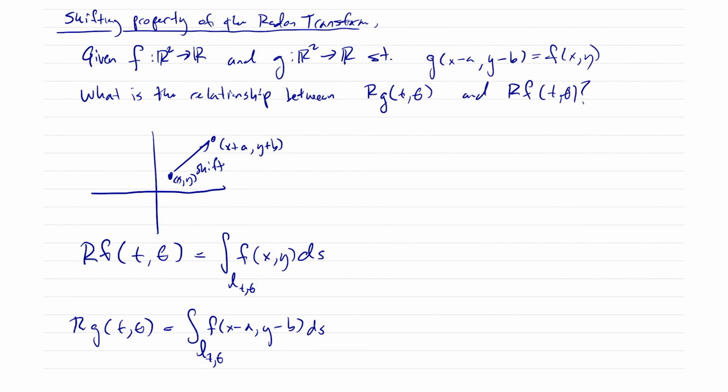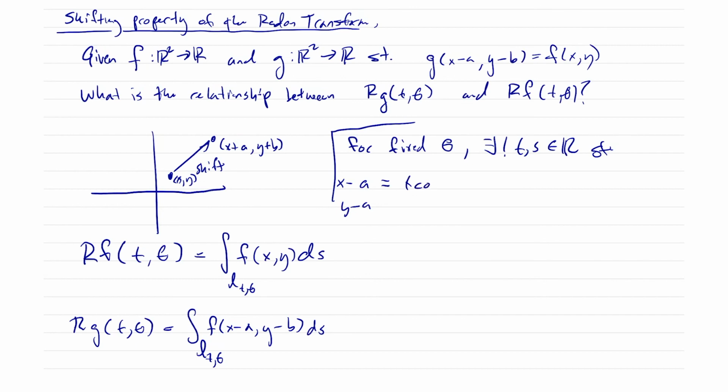Something to remember is that for fixed theta, there exists a unique t and s in R such that x minus a is equal to t cosine theta minus s sine theta, and y minus b is equal to t sine theta plus s cosine theta.